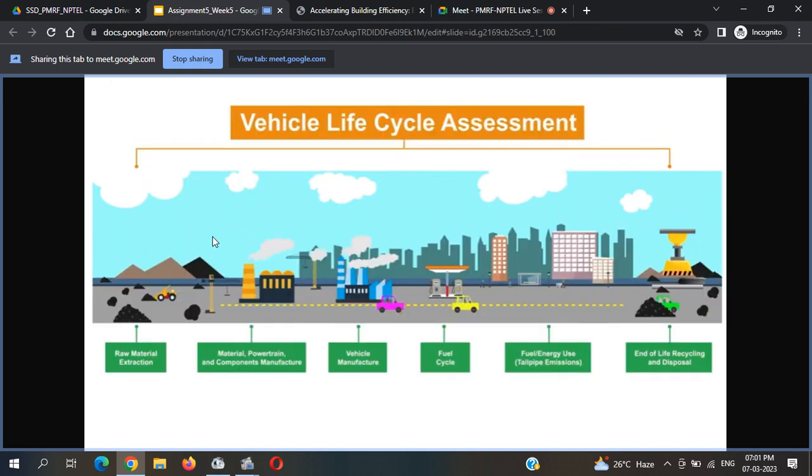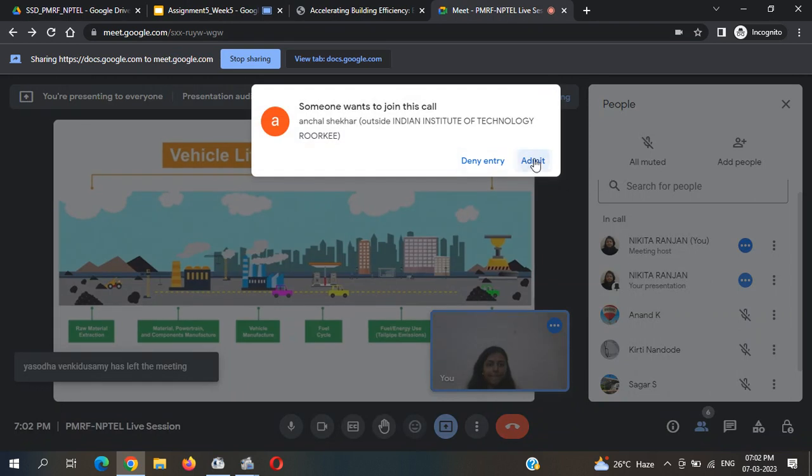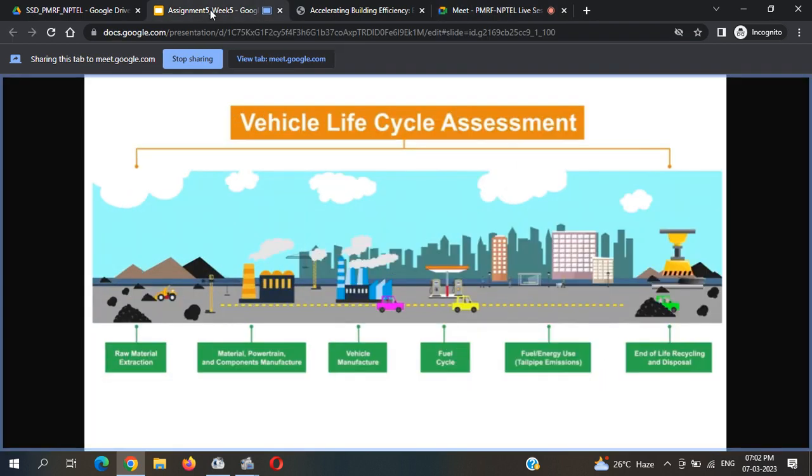So you can see this is the life cycle assessment for vehicle use or any vehicle. So you can see here, first is the raw material extraction, which is then used to manufacture materials and powertrains and other components of the vehicle.